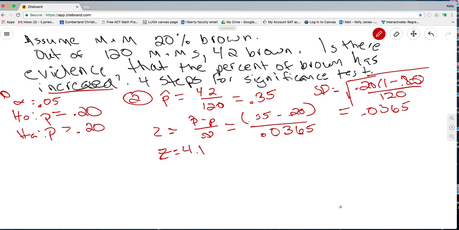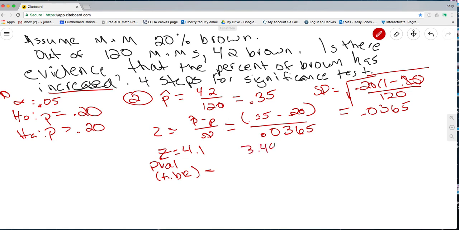And you go to the table in the back of the book now to get the p-value. Remember, this comes from your table. 4.1 is not going to be on your chart. I can tell you that right now. The biggest one on the chart is 3.49.